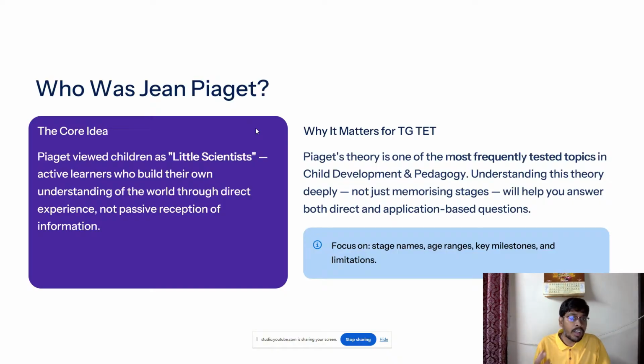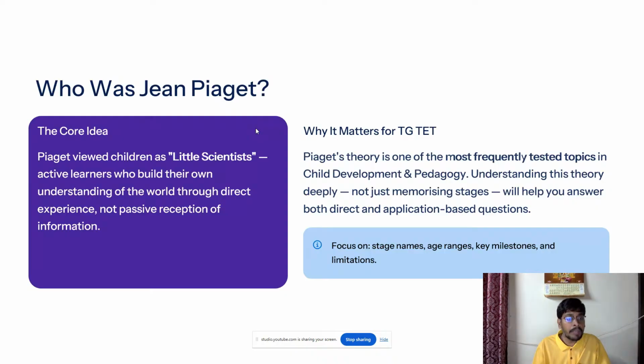The core idea of Jean Piaget was that he viewed children as little scientists. According to Piaget, children are very active learners who build their own understanding of the world through direct experience, not passive reception of information.